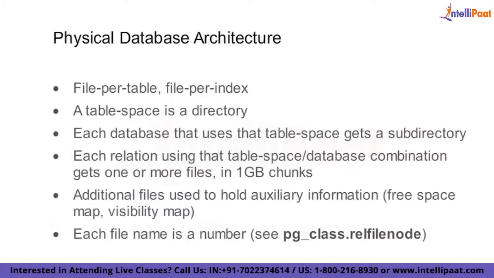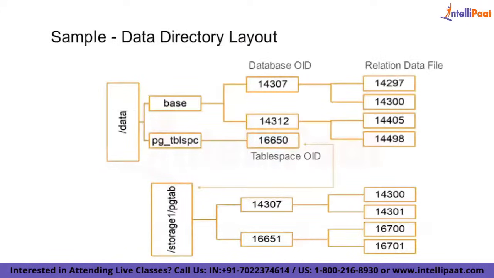Like that, it will keep on creating these files. Each file has a naming called file node, or relfilenode. It's a number, and that number will be associated with all these chunks. We also have the free space map and visibility map, but that's not part of this. So this is the Postgres database layout.